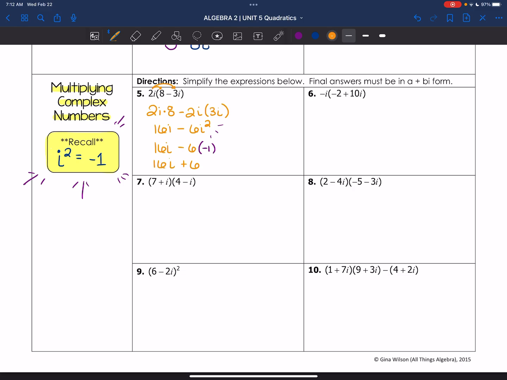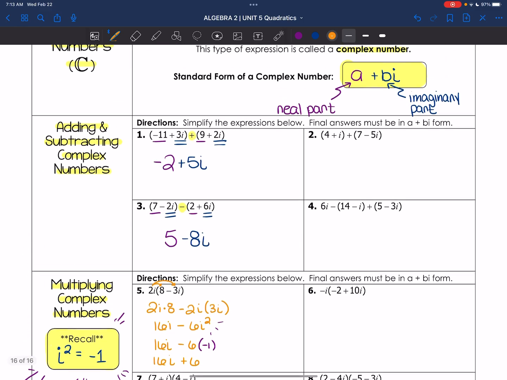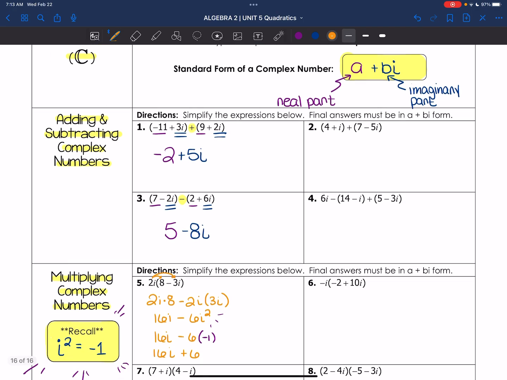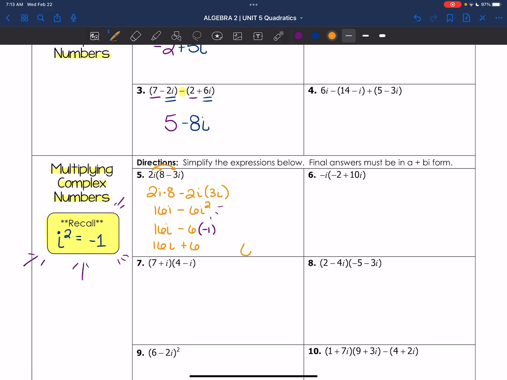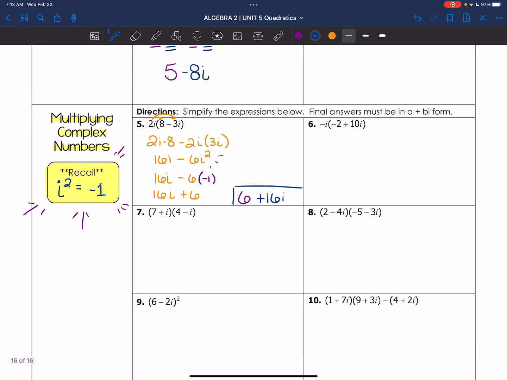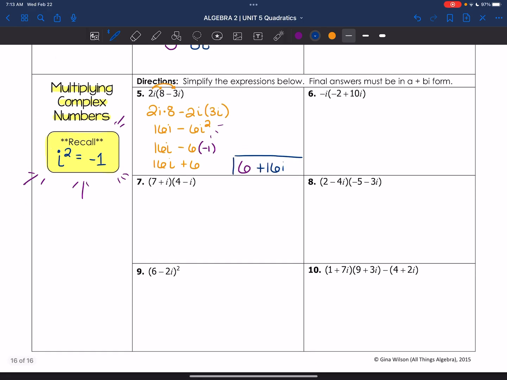When we write our final answer, we will want to do so in the form that we saw above. Real part first. The real part here is 6. And then we will have our imaginary part. And there you have it.